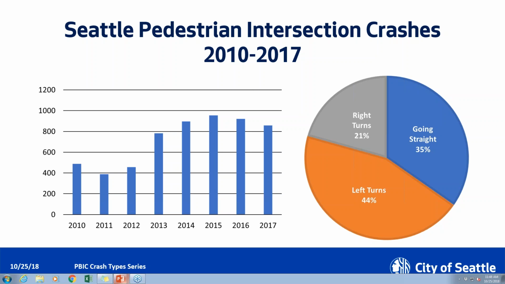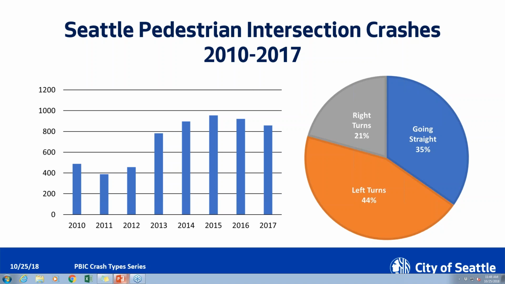Over the last 8 years, it's been kind of up and down, which loosely follows the national trends for pedestrian crashes across the country. Specifically at signalized intersections, we've been seeing an increase following that and a drop in the last year or two, but similar to the other research, yes, we have a high volume of left turn crashes.